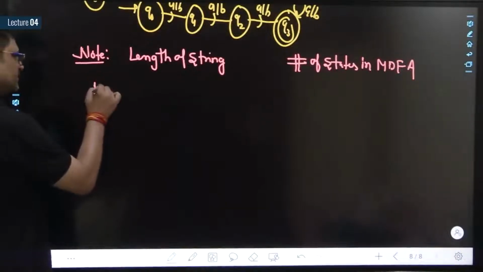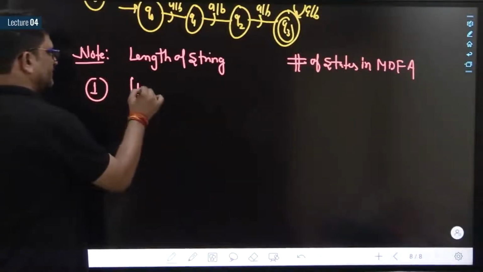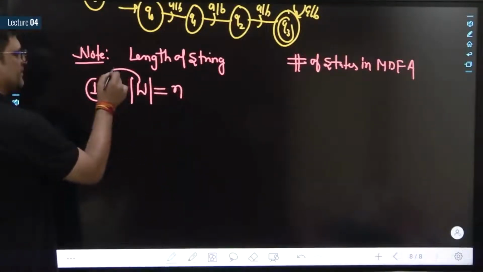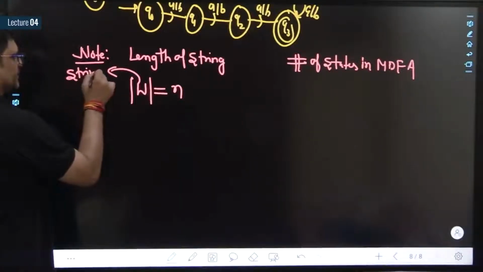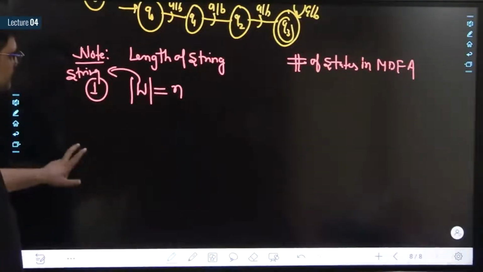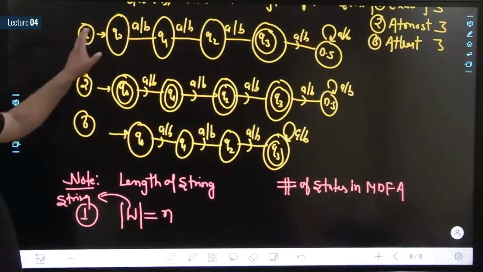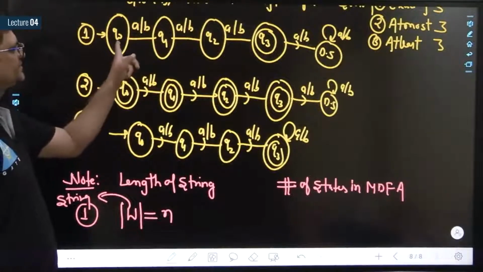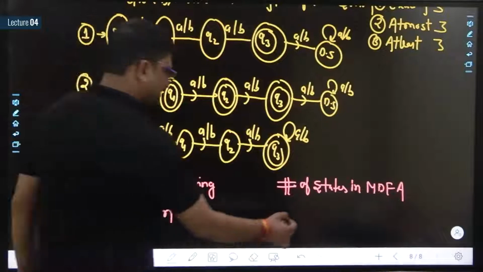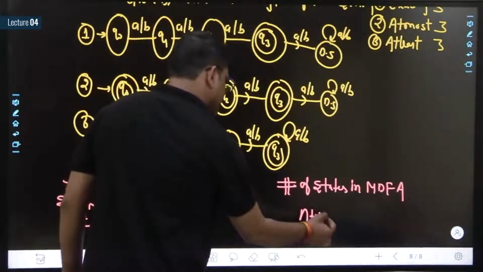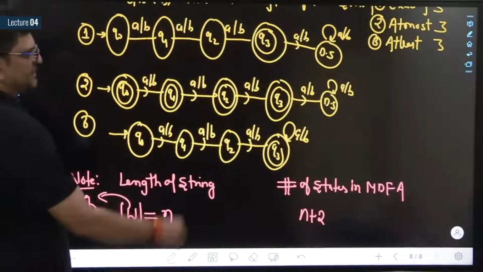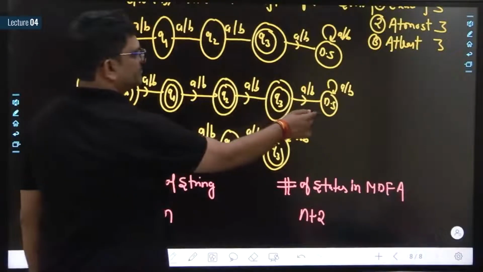First is the length of the string exactly n. Then the number of states, see this picture. In case of exactly 3, the number of states is 1, 2, 3, 4, 5. 3 plus 2. The number of states is n plus 2. In case of at most 3, the number of states is 5, meaning 3 plus 2.